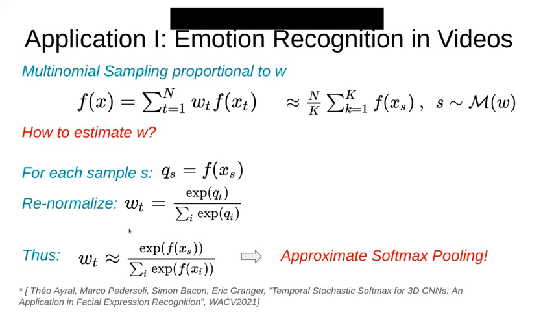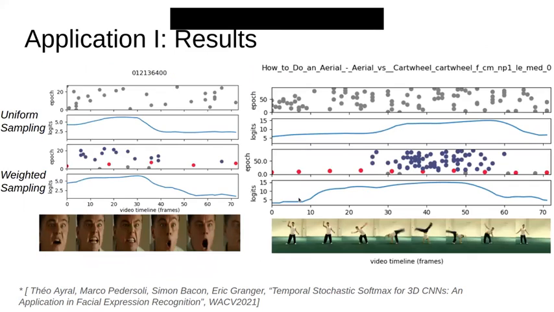So in this way, QS is an approximation of the previous softmax pooling. It means that we are sampling with an importance that is proportional to the softmax weight. So we are approximating the softmax pooling. And this works quite well.